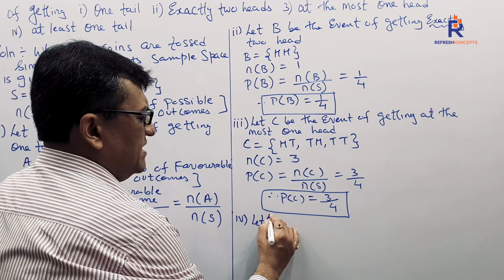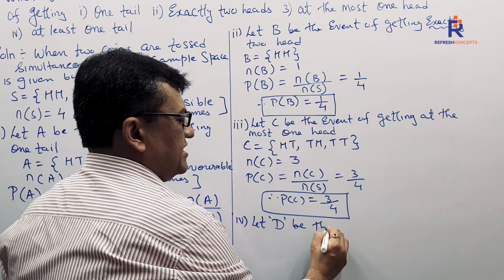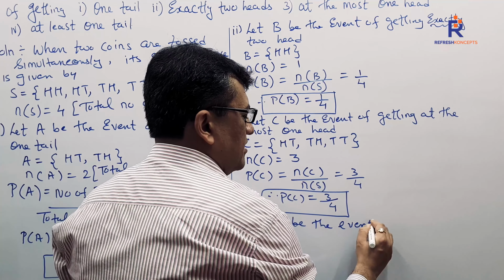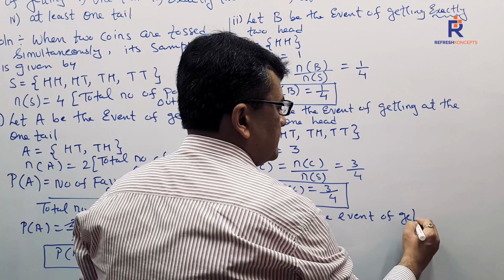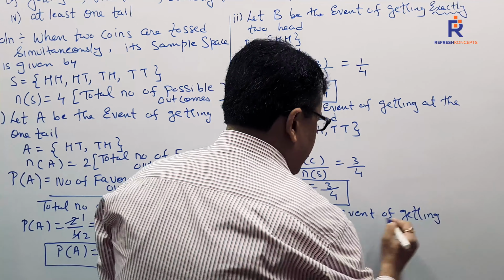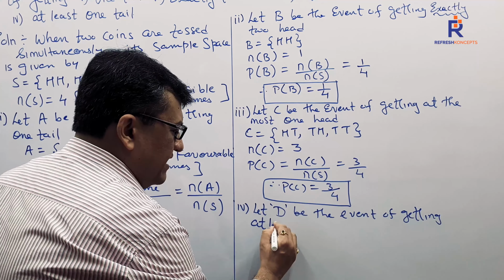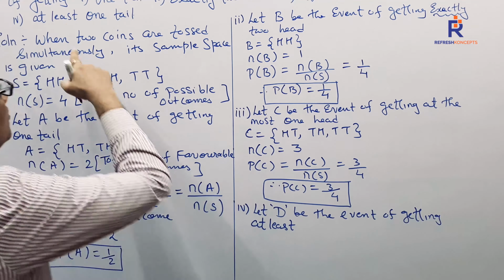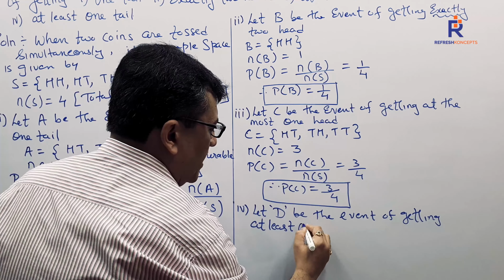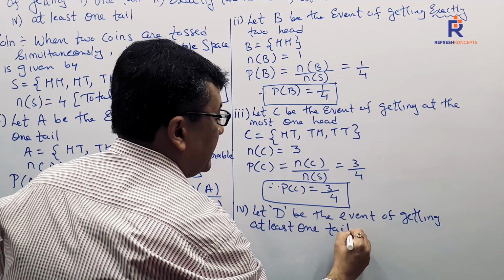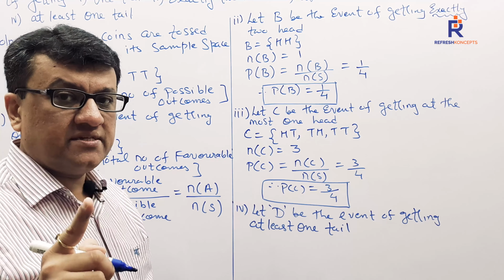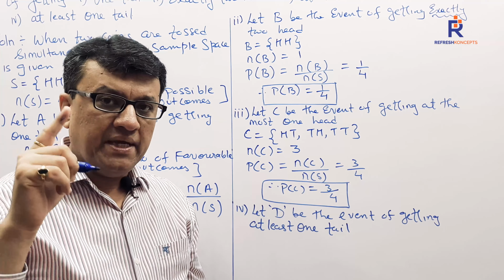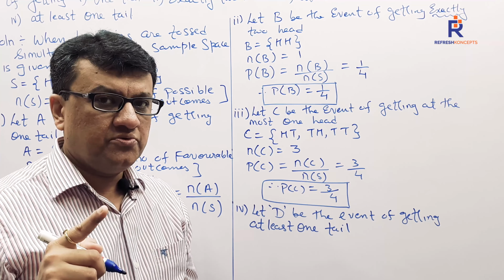Let D be the event of getting at least one tail. At least means what? Minimum. Minimum one tail is going to do.